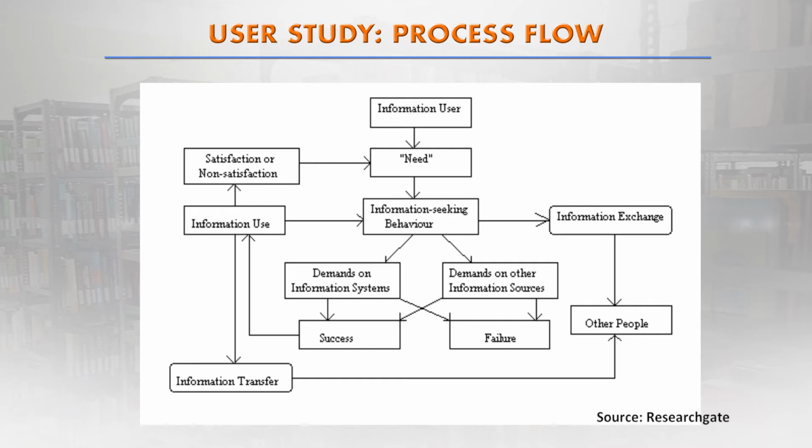Then they approach the library. Either the library systems provide them information, or they demand other information sources which you do not have. If such is the case, then it is bound to fail. You won't be able to help them, but that gives you a clue about what type of information databases should be purchased if you are getting such repeated queries.